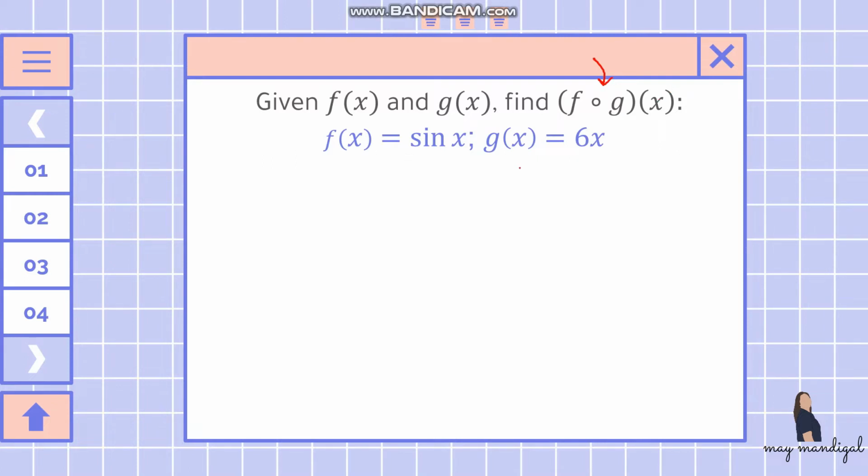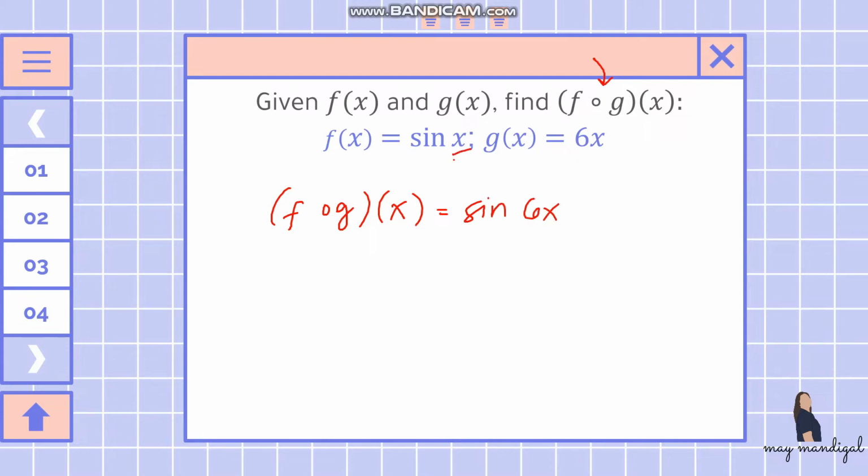Let's write the composition of these two functions. f of x is sine of x, g of x is 6x. If we want to do the composition f circle g of x, this will be sine of 6x.